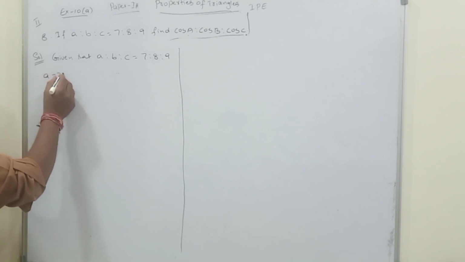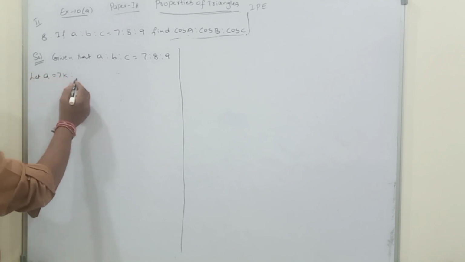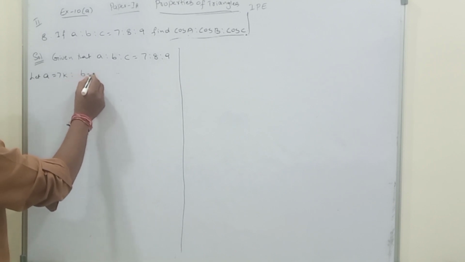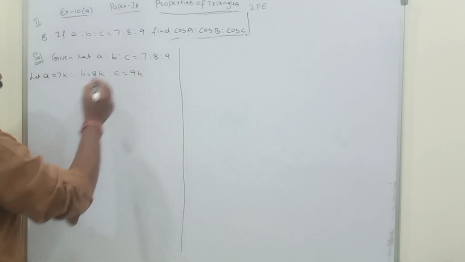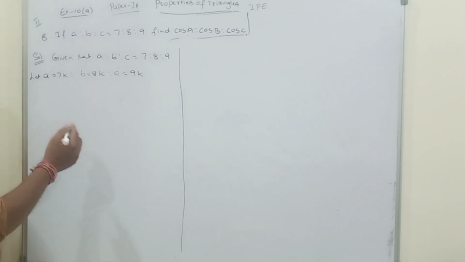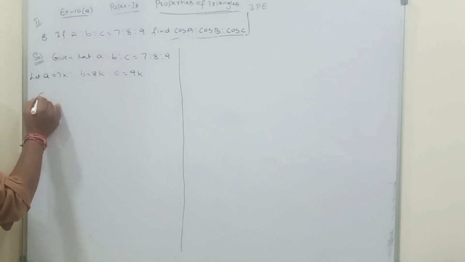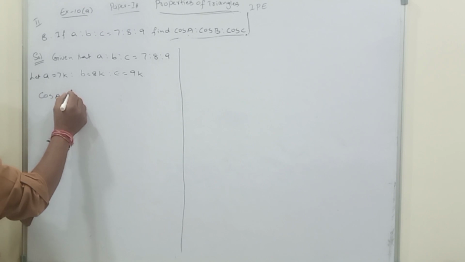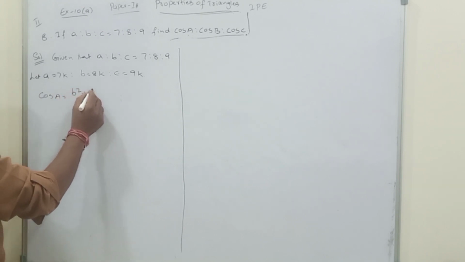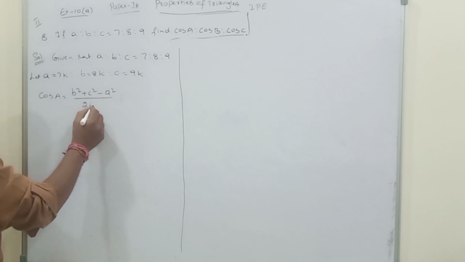Let us take a is equal to 7k, b is equal to 8k, and c is equal to 9k. Then by the cos rule, cos A is equal to (b square plus c square minus a square) by 2bc.